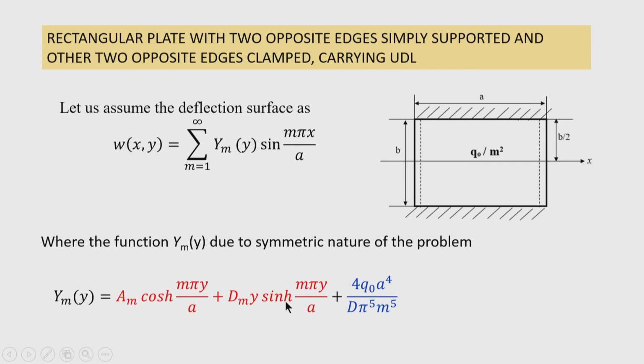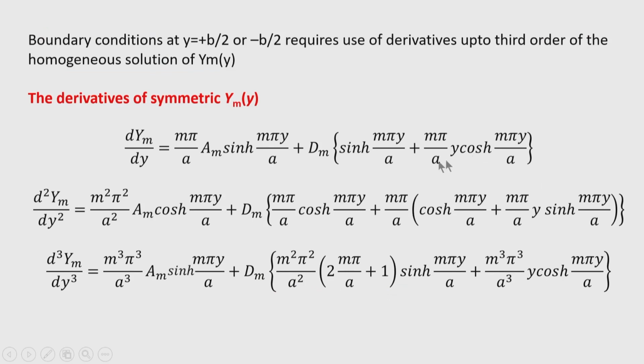When a product of two terms is differentiated, first I differentiate the second term, so y m pi by a cos hyperbolic m pi y by a, plus I differentiate the first term, and the differentiation of y with respect to y is 1, so then sin hyperbolic m pi y by a. Therefore, this is the condition I have written after differentiating Y m(y).